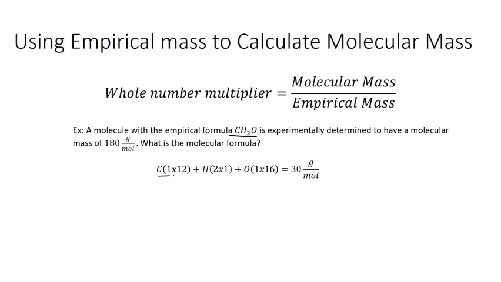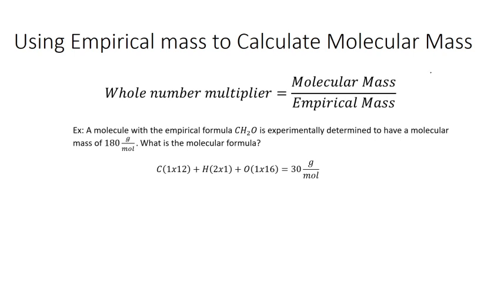So we have 1 carbon, which if you look on your periodic table, has a mass of 12 grams per mole. We have 2 hydrogens, which again, periodic table, essentially 1 gram per mole. And we have 1 oxygen, periodic table tells us pretty much 16 grams per mole. So when we do a little math, we find that our empirical mass is 30 grams per mole.